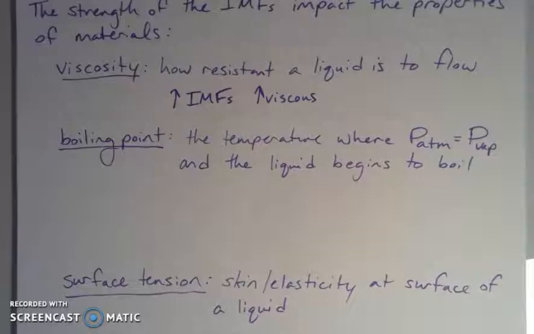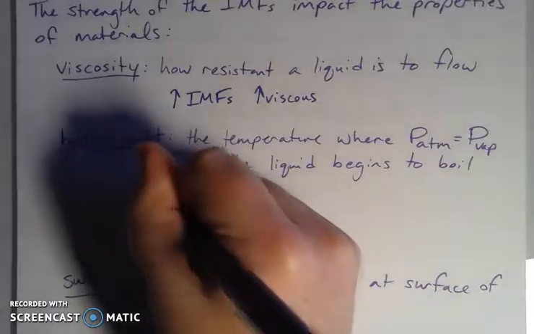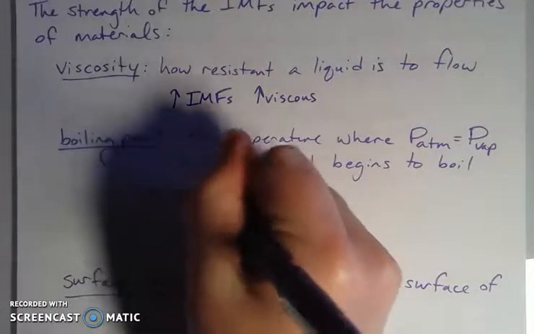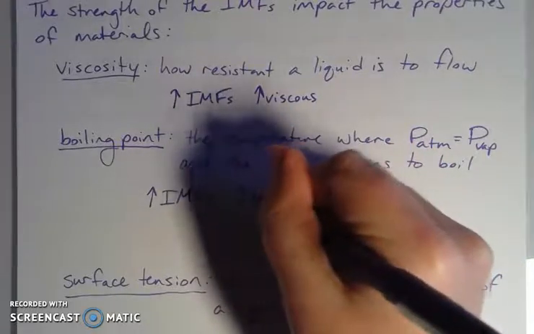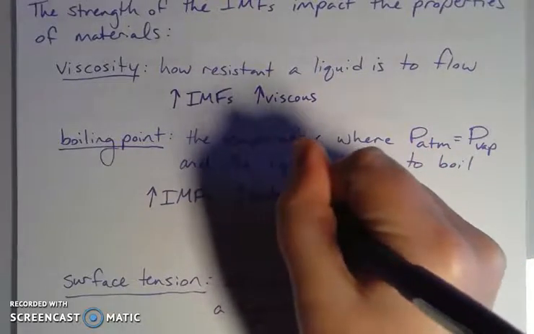And so if we have a strong attraction between the liquid particles, the stronger the attraction, the harder it is to get it to boil. So the stronger my IMFs, the greater the temperature that is needed to cause boiling to happen.